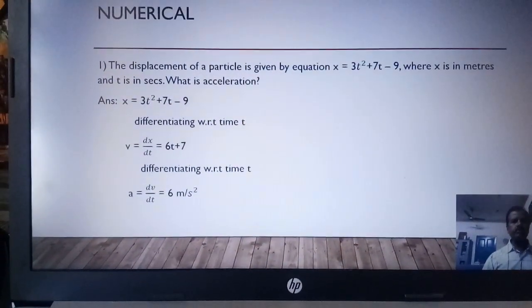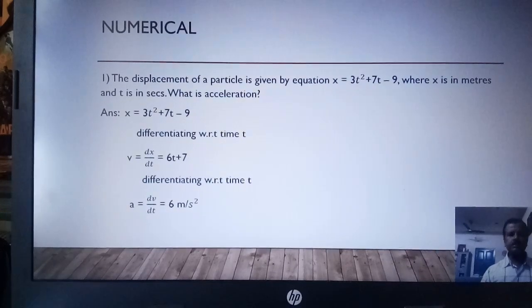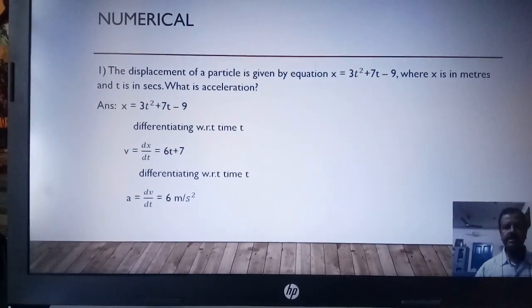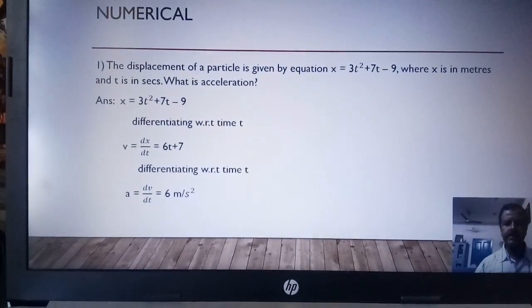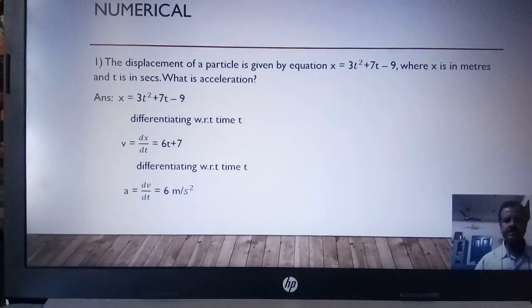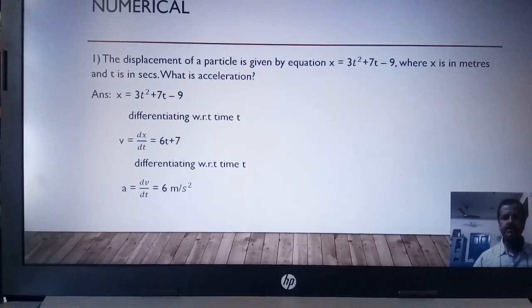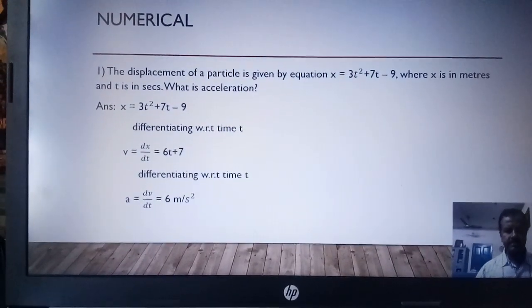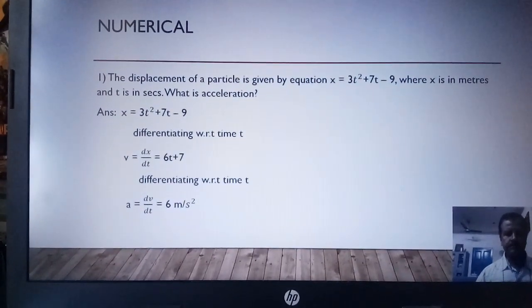Now let us solve one simple problem. The displacement of a particle is given by x equals 3t square plus 7t minus 9. x is a function of time t in this equation, where x is measured in meters, t is measured in seconds. What is its acceleration? So answer.